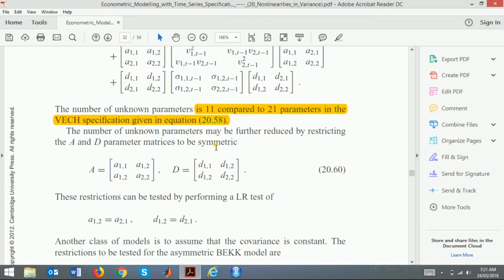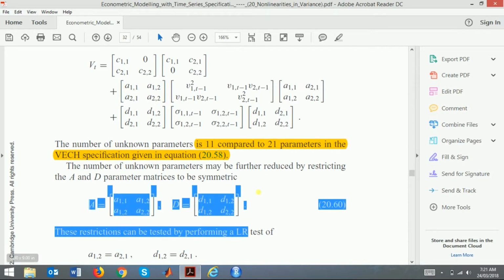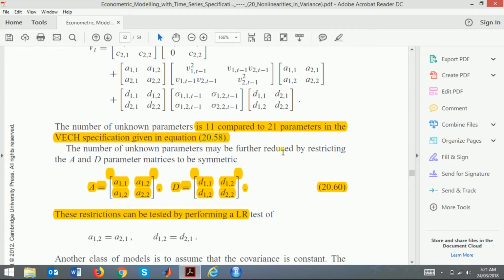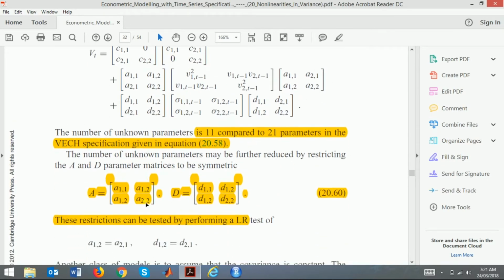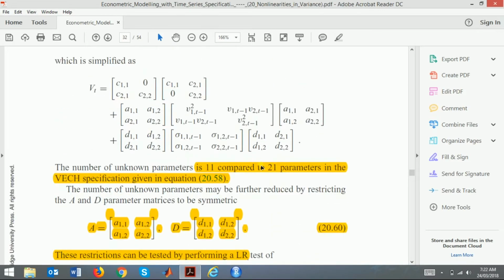Still lower. The number of unknowns may be further reduced by restricting A and D to be symmetric. Important to remember: when A and D are symmetric, these are equal to each other, so they are one. The off-diagonal elements equal each other.